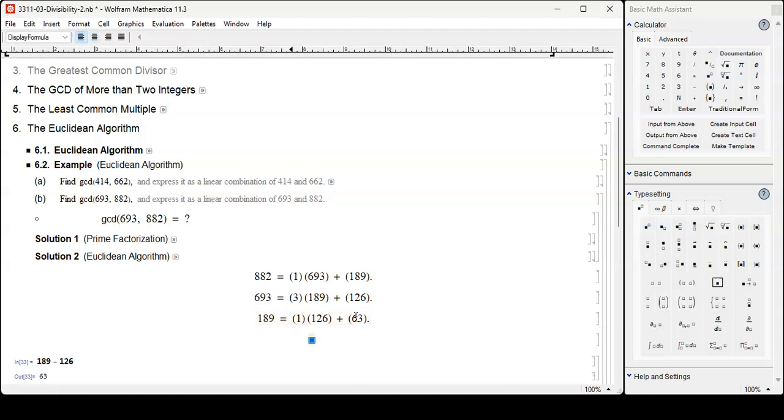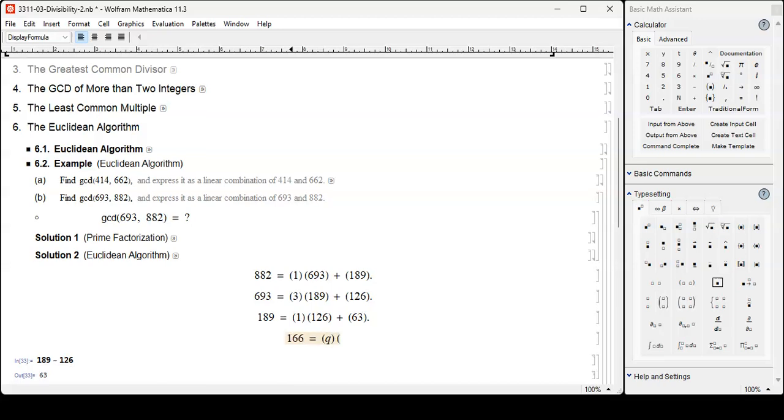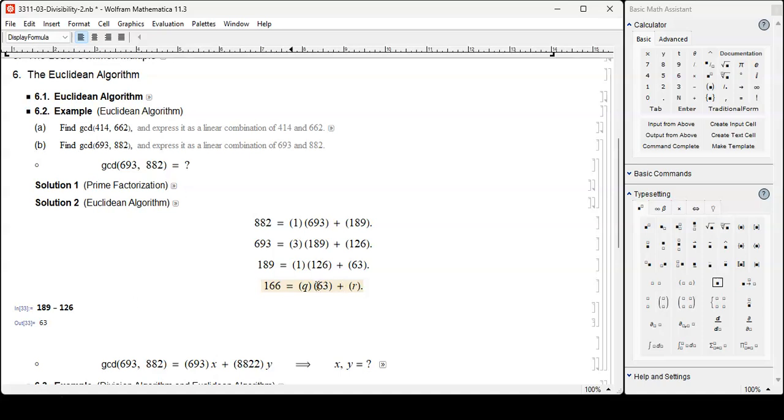And then, alright, 126 is equal to some quotient times 63 plus the remainder. Let's see, 126 divided by 63. Oh, it's 2.